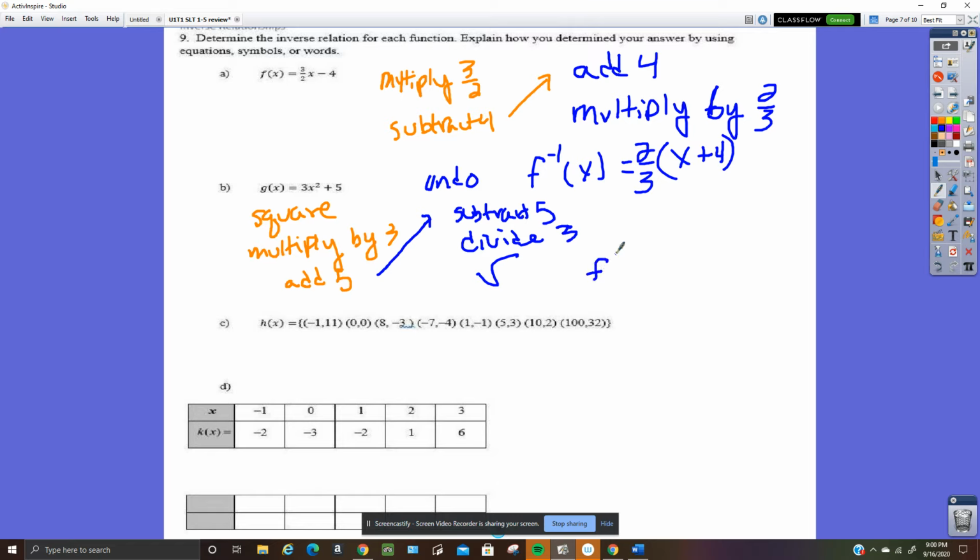So the inverse for letter B is write down my x, subtract 5, divide by 3, and then take the square root of everything.